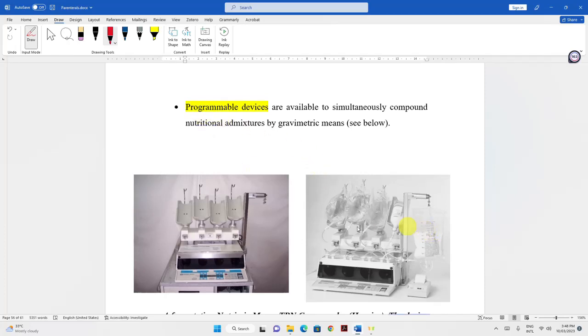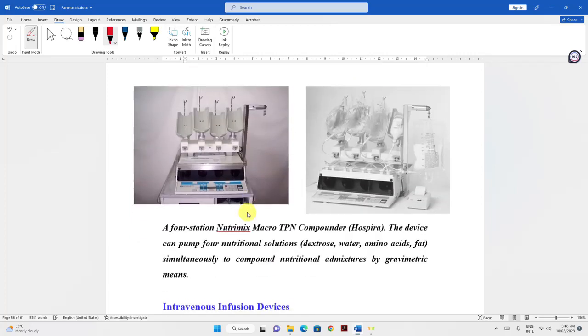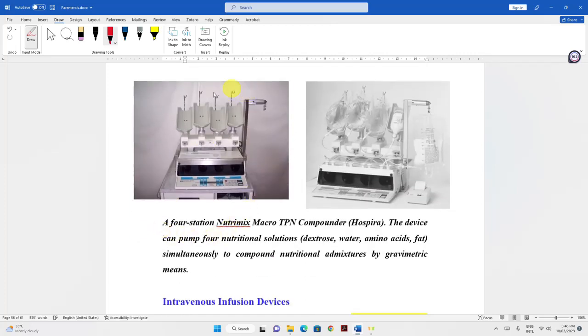Now you need to be familiar with programmable devices that can compound nutritional admixtures simultaneously, as you see here. What you see here is a 4-station Nutrimix Macro TPN compounder, by the company Hospira. Do you remember this company, which is famous in parenteral devices?